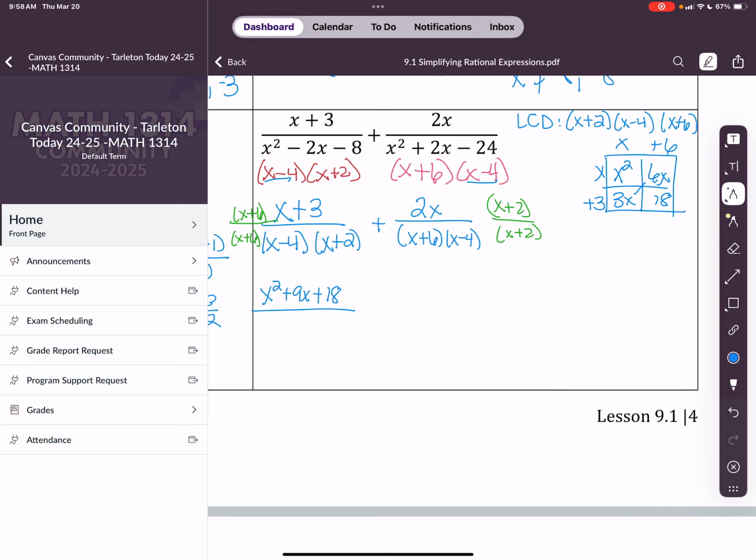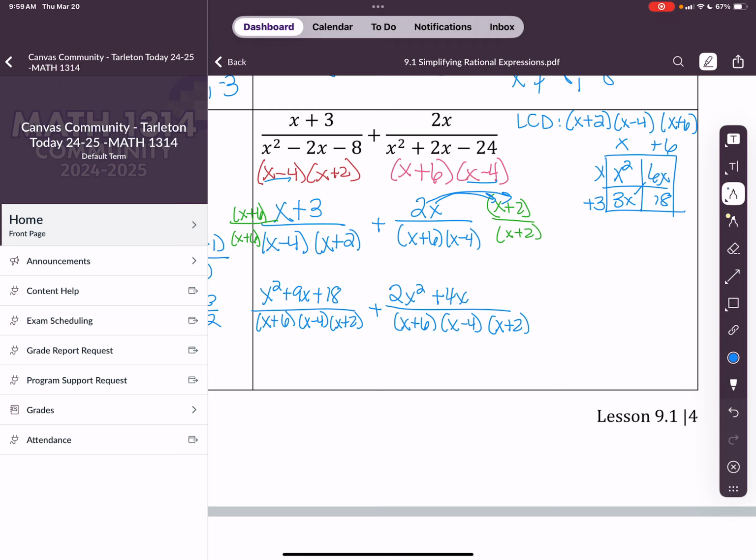over all three factors together, x plus 6, x minus 4, x plus 2, plus, and for this one we don't have to do the box method because it's simple multiplication. 2x times x gives me 2x squared, and 2x times 2 gives me 4x. And again, it's all over x plus 6, x minus 4, and x plus 2.